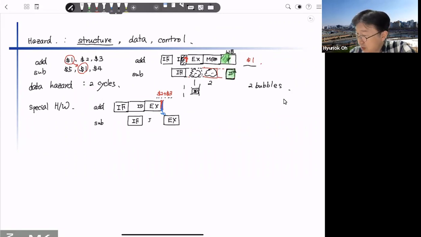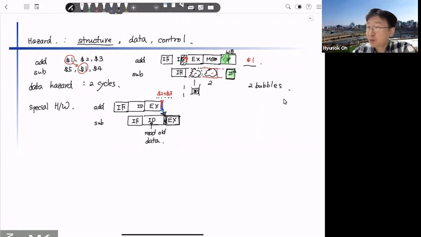Even though the instruction decode in the subtraction is reading old data, if the execution stage can read the recently computed value instead of using the register value, then we don't need any bubble.